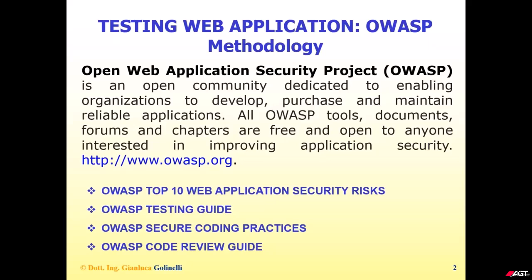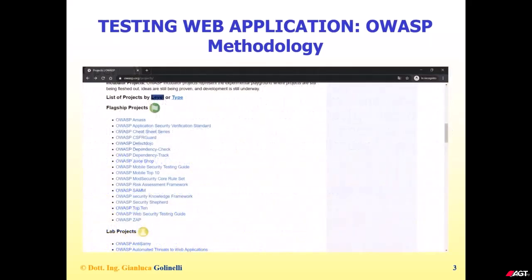This slide lists some of the main methodological and informative documents on web application security. You can find many interesting projects for the IT security world on the site, such as the Pentest Guide for Web Applications, or projects related to tools developed by the community, such as the OWASP ZAP.